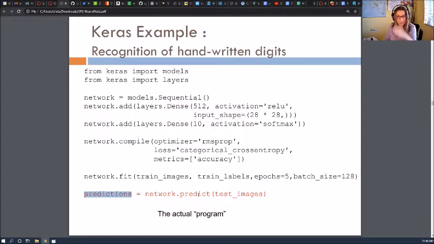You give it an array of images, and then you get an array of predictions too. So this is the actual program, right? All of the things that we did up to here are to define the network, which is sort of designing the program, and then compile it, and then find out the actual function. Infer the function, and then run the function, use the function. That's the flow of programming in this world.